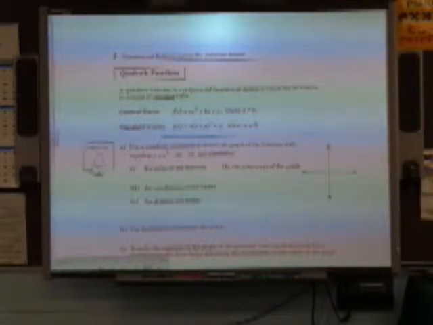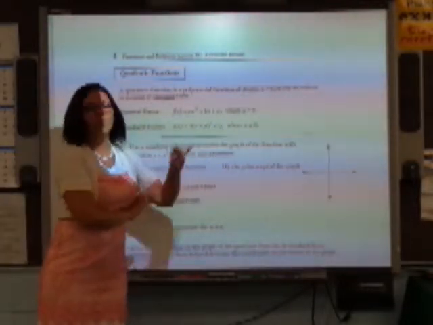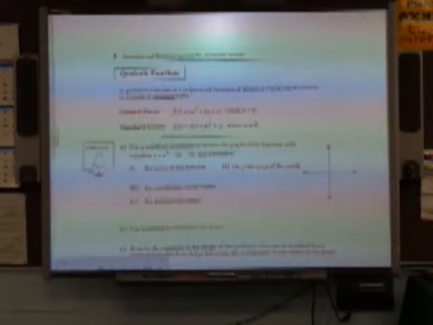And then I've got the standard form. Standard form has some interesting information on it. What do you remember about the p and the q? The vertex. So the vertex can either be a minimum point or a maximum point, depending on whether the graph opens up or down. How do I know if the graph opens up or down? I look at a.